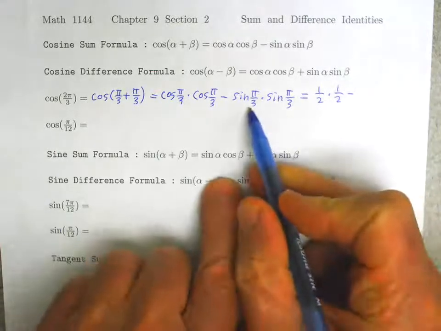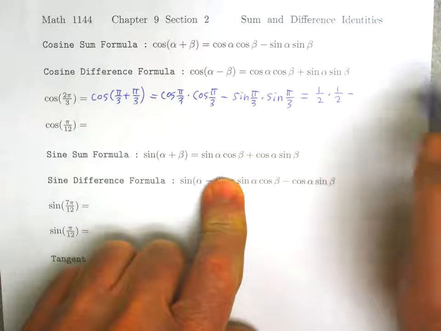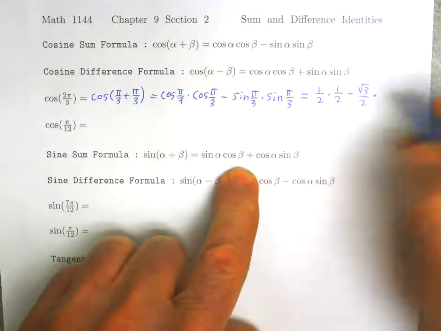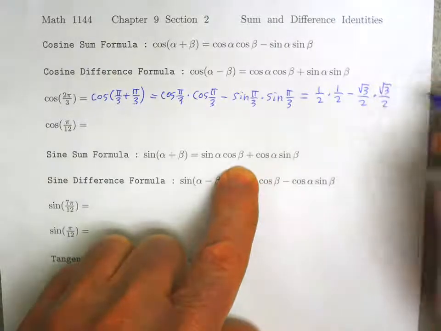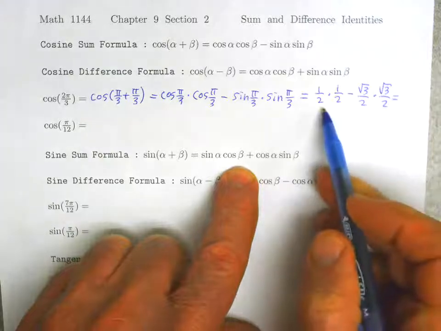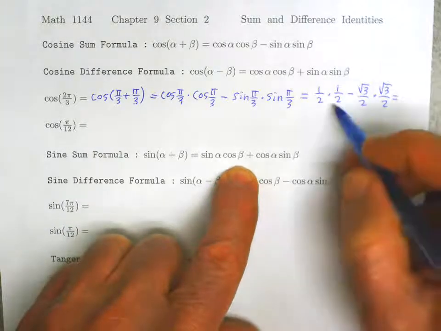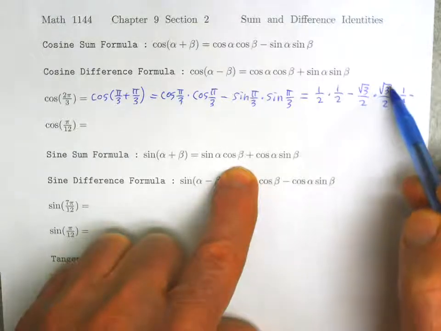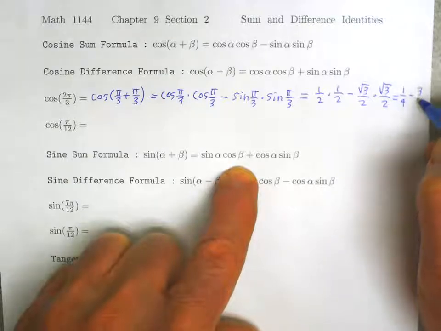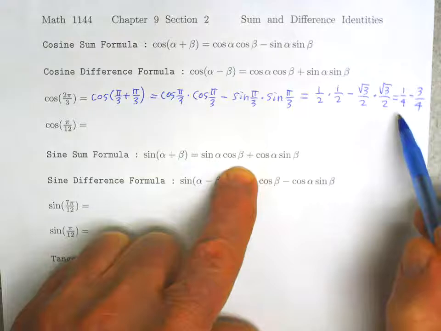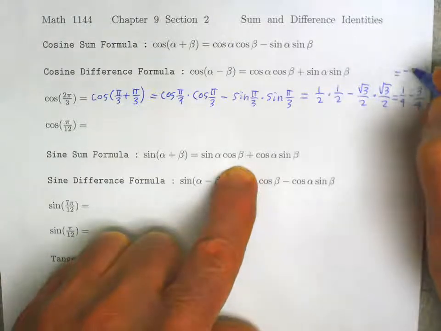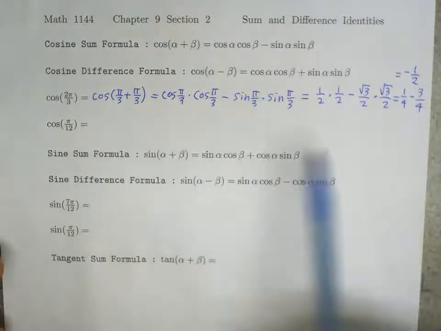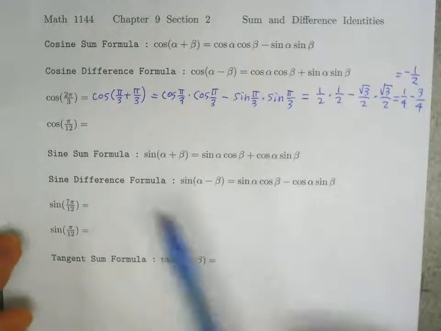And then minus, we know that sine of pi over 3 is the square root of 3 over 2, multiplied by the sine of pi over 3 again, square root of 3 over 2. And we get 1/4. 1/2 times 1/2 is 1/4. And the square root of 3 over 2 times the square root of 3 over 2 is 3/4. And 1/4 minus 3/4 is equal to negative 1/2, which we already knew. But for the sake of an example, that will be good enough.